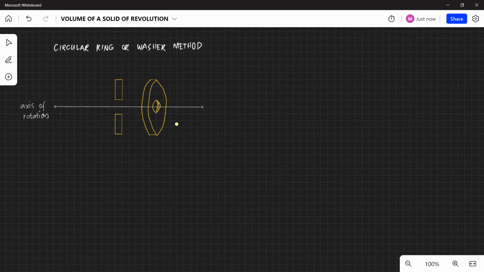All right. So now, the cross section is still a circle, but there are two circles already. So this one is the outer circle whose radius we can write as r sub o, for outer. In getting the area of the cross section, it's the difference between the area of the outer circle and the area of the inner circle.